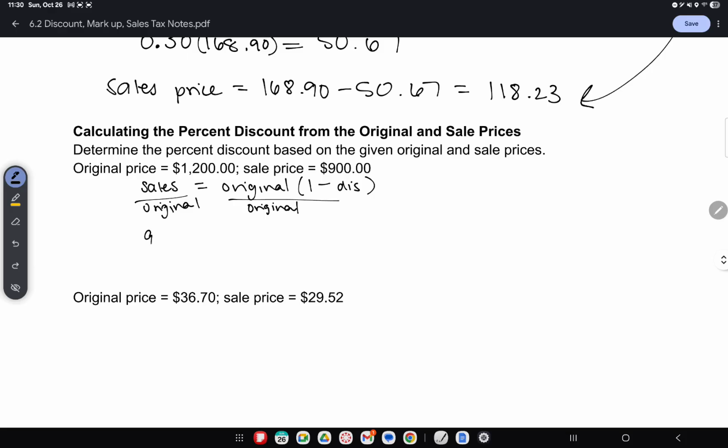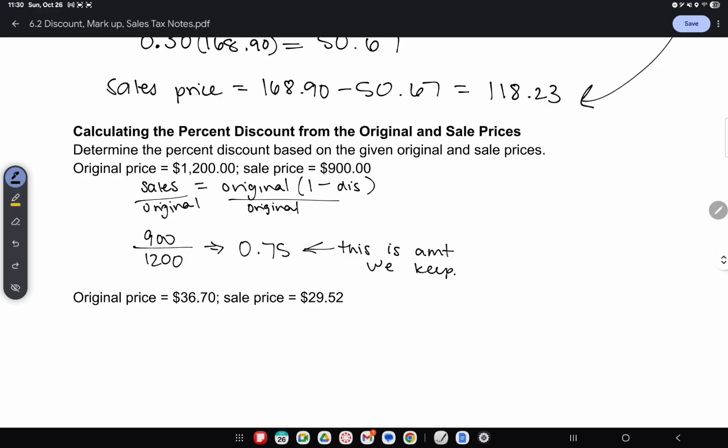So if we do the 900 over the 1200, this is going to give us a percent. So let me find that. So 900 divided by 1200 is 0.75, but this is the amount we keep.